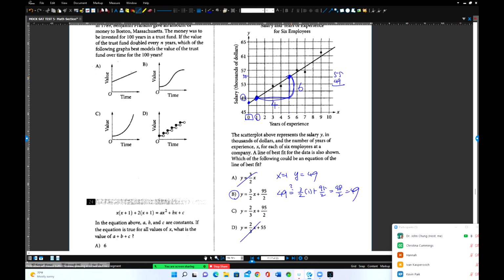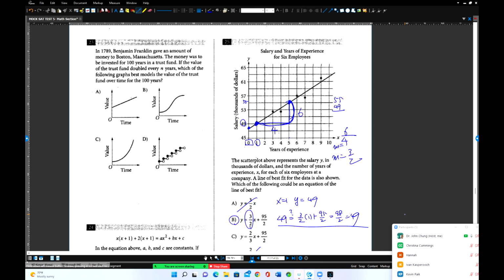What's the slope? Change in y over change in x. The slope is 6 over 4, divided by 2, 3 over 2, isn't it? You can find it this way too, or plug in one point. I like this method. That is number 25.